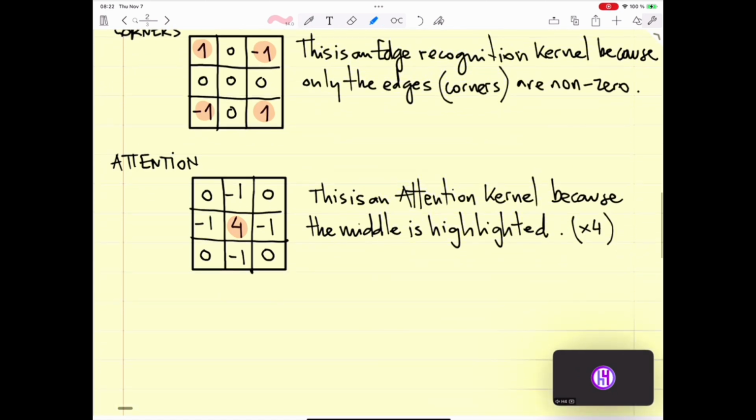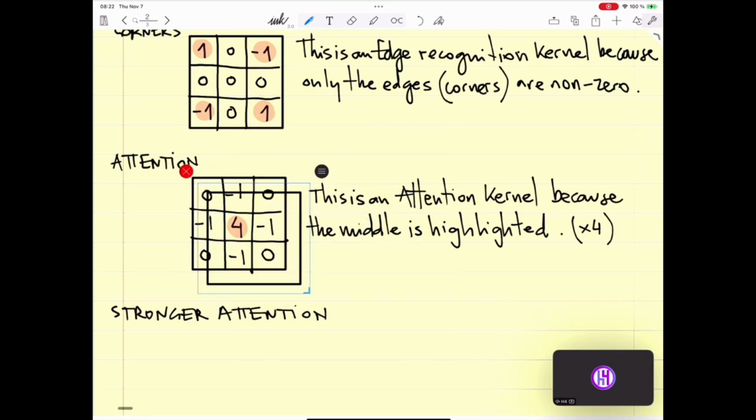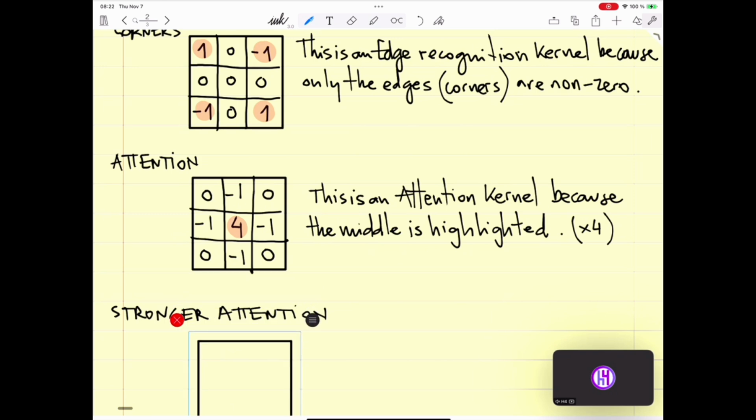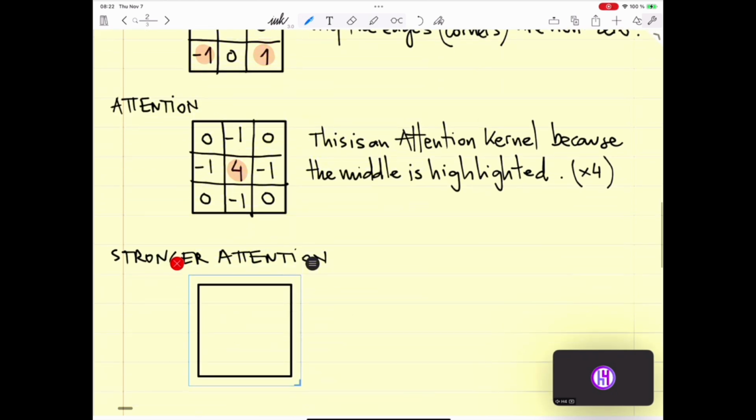But there are also stronger attention kernels. So 8 in the middle and then -1 everywhere else.